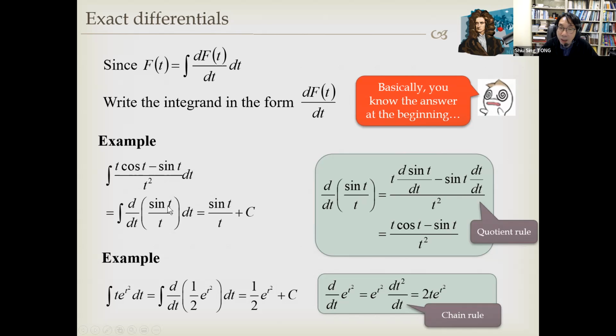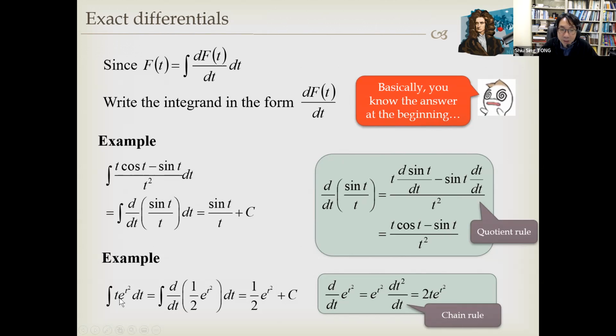So that means I can rewrite this as the complete differential of sine t over t. So the integration cancels the differentiation and I get sine t over t. Okay, but again, this is not a good method of doing math. I just want to say that I know the answer beforehand.